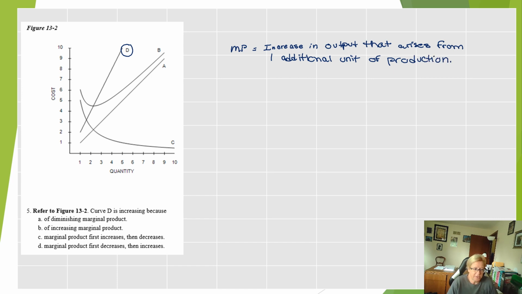Because this increases, we can see that it doesn't diminish, that would be a negative slope. It's not curved, that would be these two. And so we can see that it is an increasing marginal product because of the positive slope, and more so because it's a straight line.